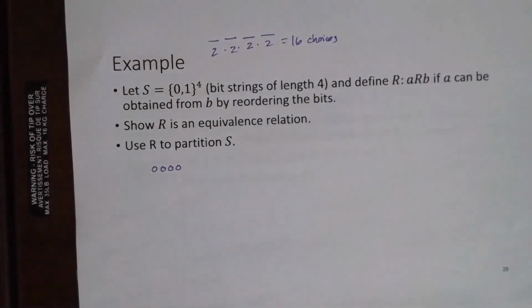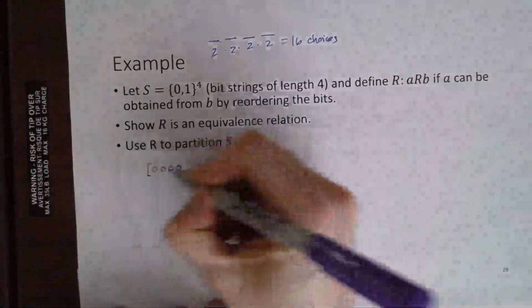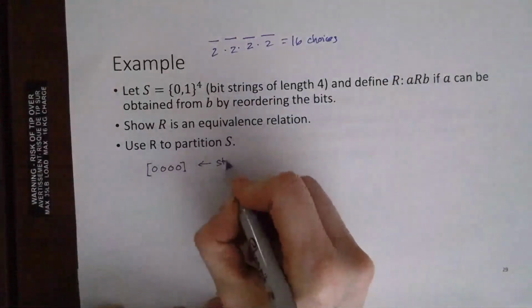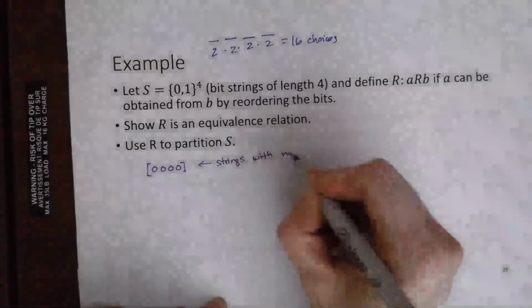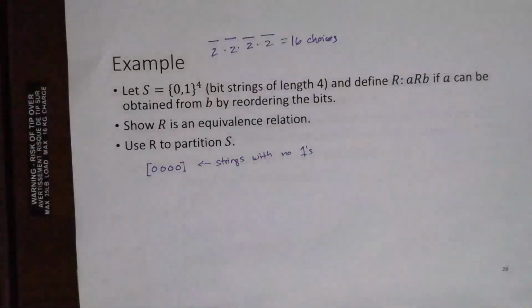Are there any other bit strings that I could shuffle around and get this? No. So I can think of this one as being the strings with no ones.